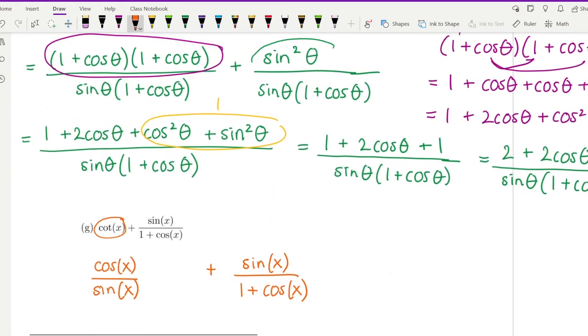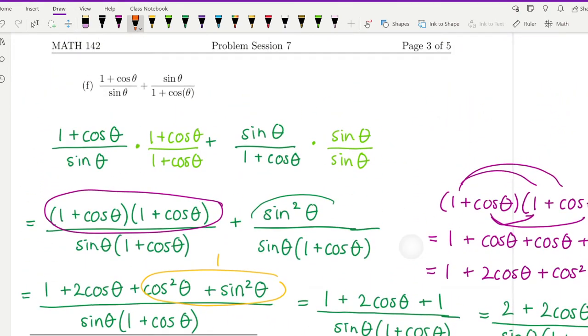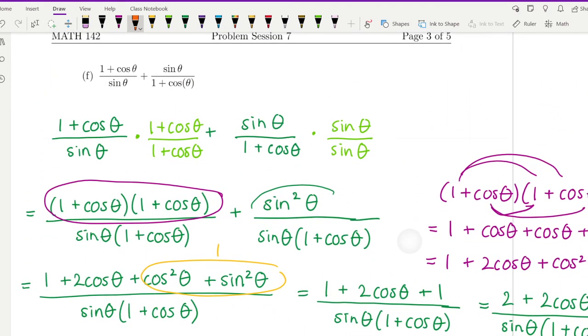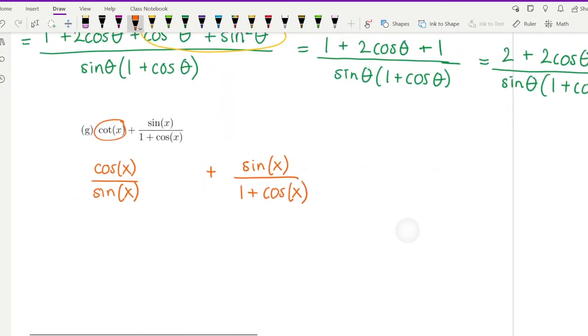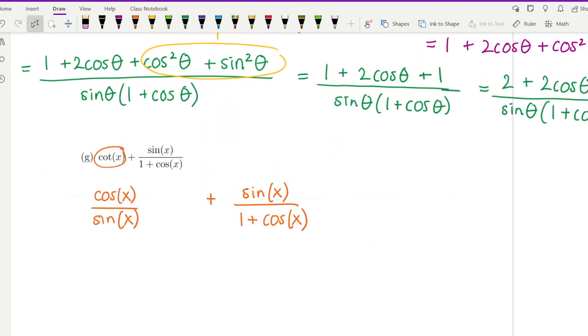So actually, that's pretty much identical to our denominator here, right? Like this looks actually very similar. We have a sine of x and we have a 1 plus cosine of x. So we're going to multiply this one by 1 plus cosine of x over 1 plus cosine of x. And we're going to multiply this one by sine of x over sine of x.